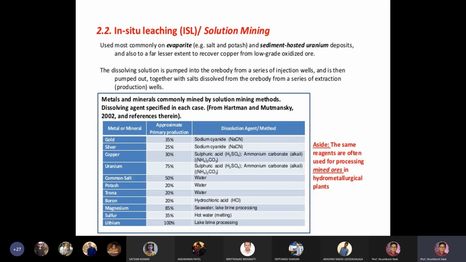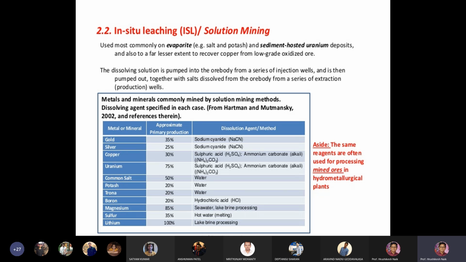Out of these minerals, lithium can be extracted 100%, magnesium 85%, uranium 75%, common salt 50%, and the rest of the minerals about 35%, 30%, 25%, or 20%. Highest production you get is lithium, second highest is magnesium, third is uranium, and fourth highest production is common salt.